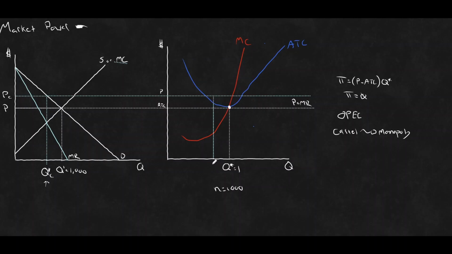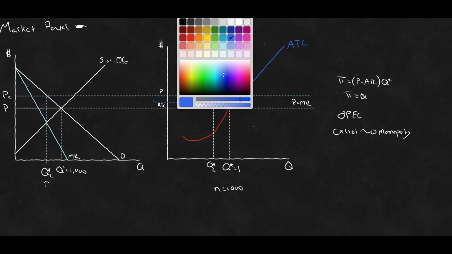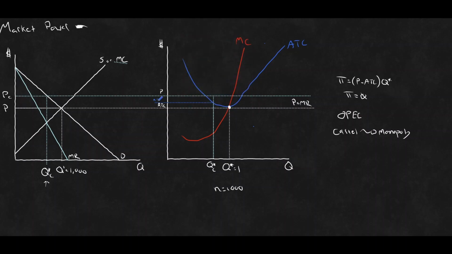Sorry, I'm getting ahead of myself. Let's write this. This would be our Q star cartel, up to our average total cost curve. That would be our new blue average total cost.